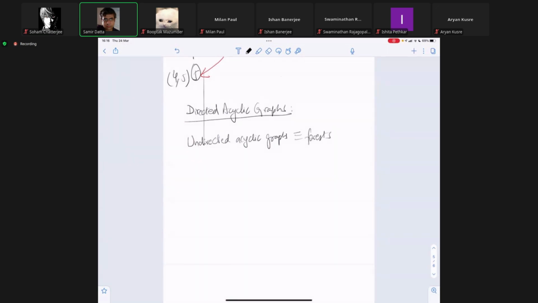But in directed graphs, because you can have undirected cycles or directed cycles, this is a directed acyclic graph because it has no directed cycles, correct? So the structure of directed acyclic graphs is somewhat more complicated, much more complicated than undirected acyclic graphs, correct?